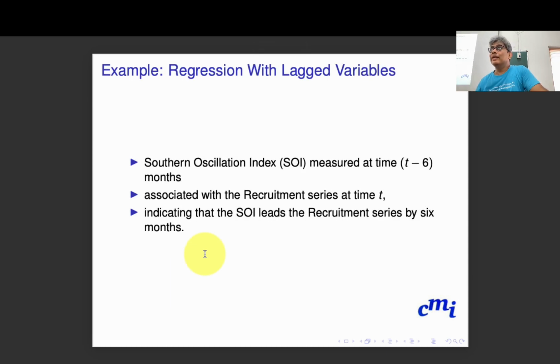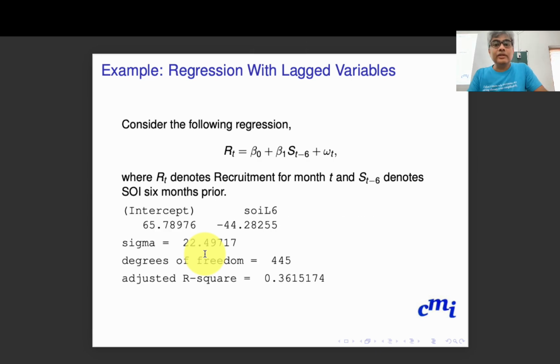There was no lag variable involved, and so here we want to model the lag variables. If you take the recruitment data and the Southern Oscillation Index data, all you do is R_t equals beta naught plus beta 1 times the Southern Oscillation Index 6 months behind, as a covariate in your regression model.